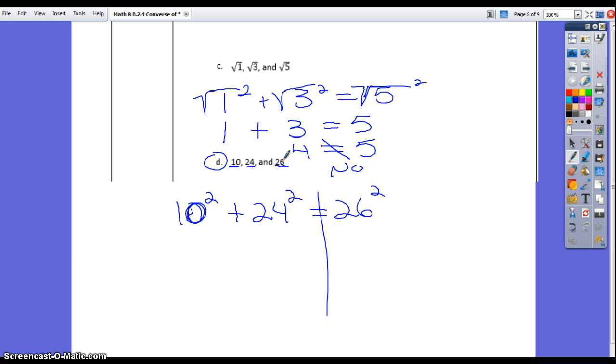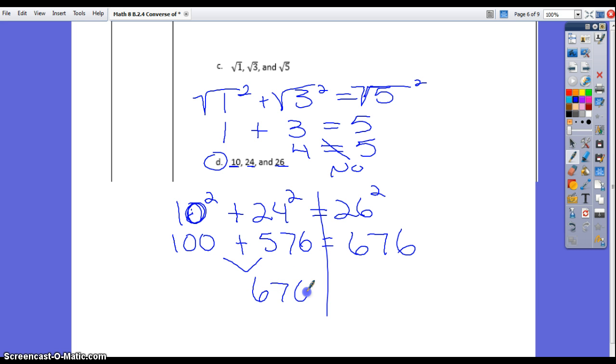Yeah, I can have a triangle with those lengths, but will it make a right triangle? Did you do your squaring correctly first? 100 plus 576 equals 676. Looking good. I see all the boards are correct because when you add these together, you get 676, which does equal 676. So yes. Nice job.